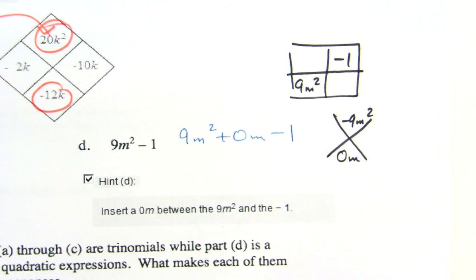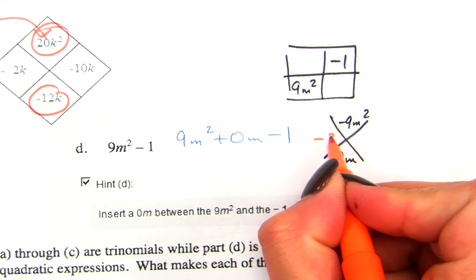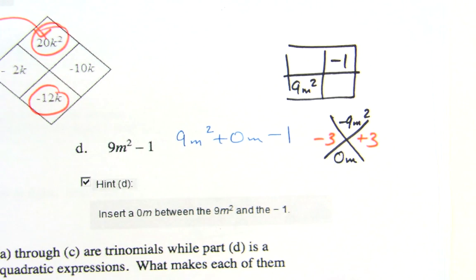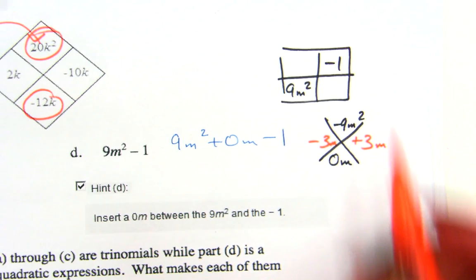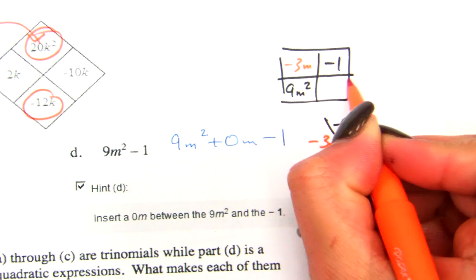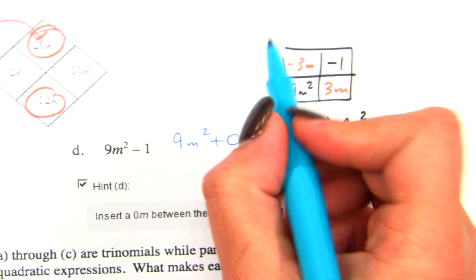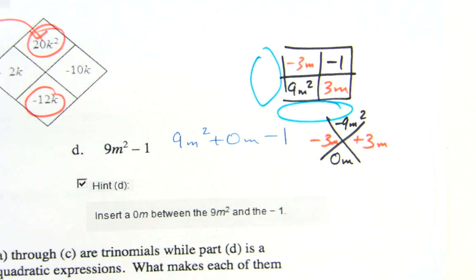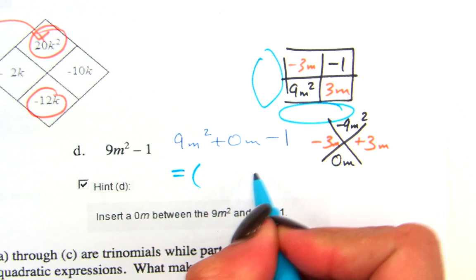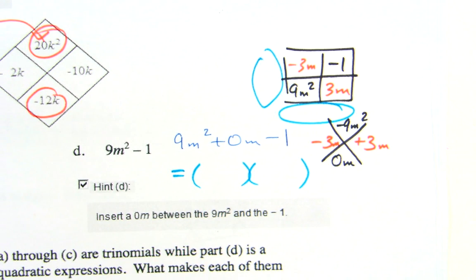I can think of two: negative 3 and positive 3. Oopsie, forgot the m. There's the m. So that would go negative 3m here, and 3m there, and then last thing is you need your products on the side. And then as a result, write up your product. Okay, so that's part D.